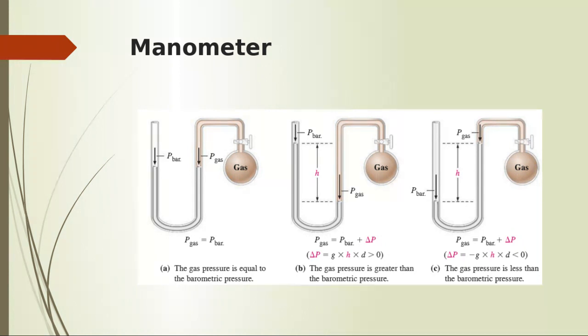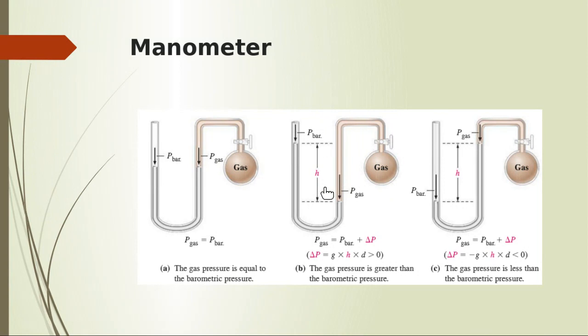If the gas pressure here is equal to the barometric pressure, the atmospheric pressure, we can call that. There is again a mercury liquid here, and there is a gas. If the gas and barometric pressure are equal, we can call it like that.